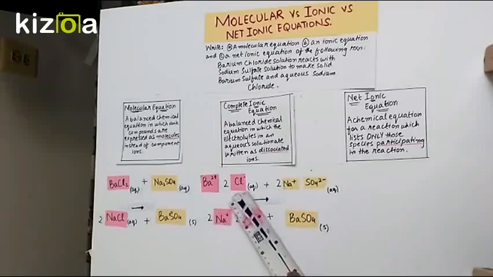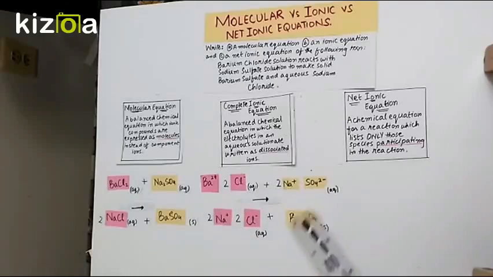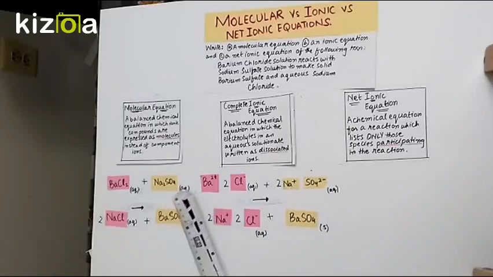We see 2 chlorides, and we see 2 chlorides here. We see a barium here, but we don't see a barium ion here. The barium inside the barium sulfate is committed to the barium sulfate molecule, and you can't do anything to it. So it has to stay there. It doesn't have a partner in the product side to take it away.